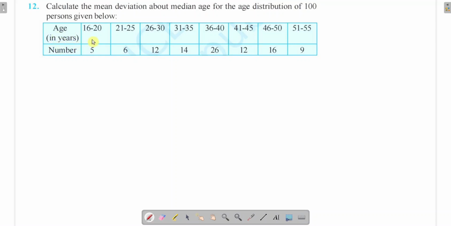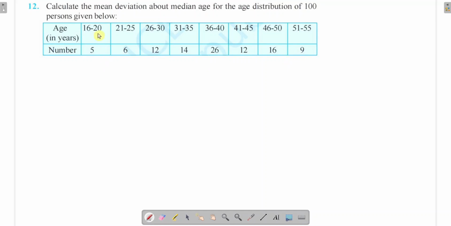Age in years, and that is 16 to 20, 21 to 25, 26 to 30, 31 to 35, 36 to 40, up to 51 to 55, and number, that is the number of persons with age 16 to 20 is 5, number of persons with age 21 to 25 is 6, like that.